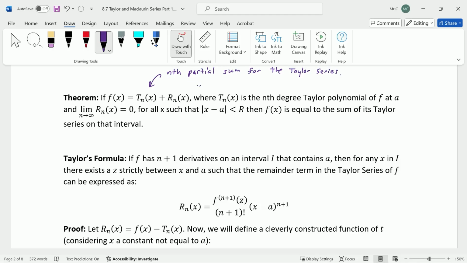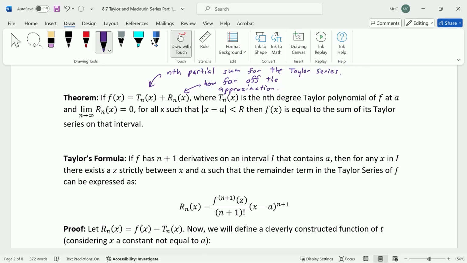And this is what's left over in the approximation. How far off the approximation is. Well, why is that the leftover?